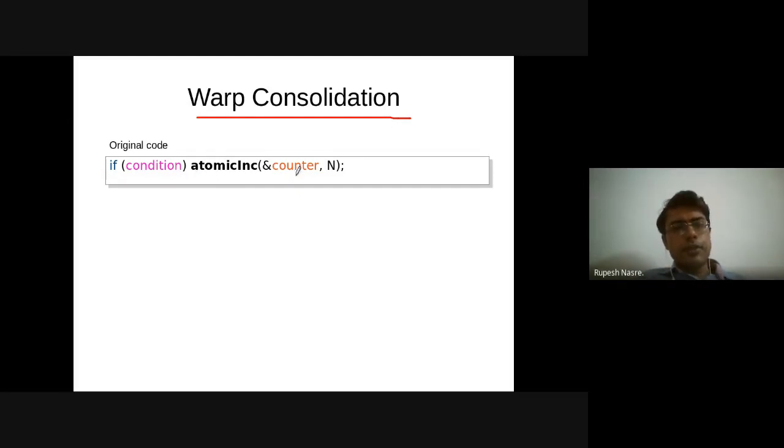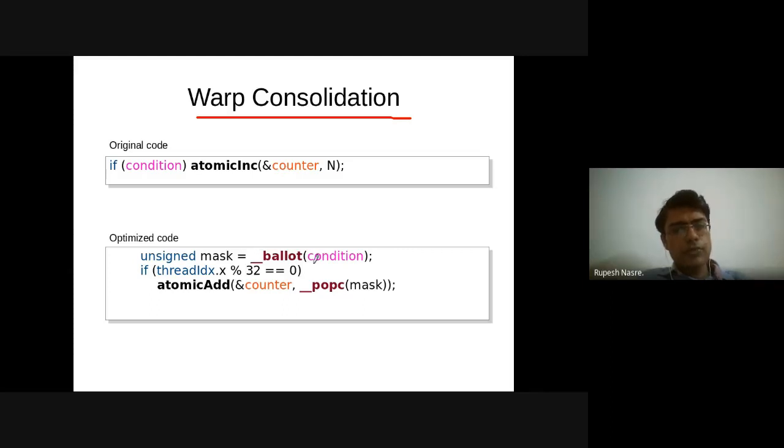So if condition, atomic increment ampersand counter, this was our original code, and it's going to look something like this, where I push that condition as the ballot condition, which is evaluated by every thread and returns a mask, and then the leader does an atomic add, that is the coarse part, using POPC of the mask. That is going to give you the same answer as this, but the number of atomics is going to reduce considerably.